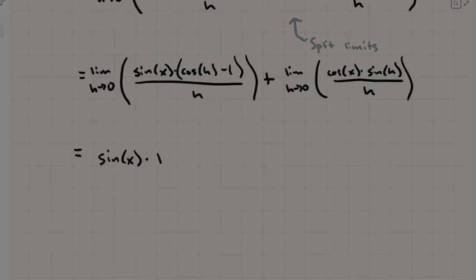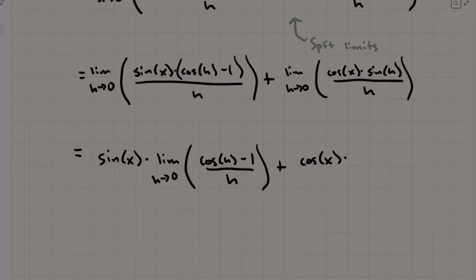So that'll be sine x times the limit as h approaches 0, cosine h minus 1 over h plus. Now in the second term, we have the cosine x, which is not dependent on h. So we factor out that cosine x times the limit as h approaches 0 of sine h over h.